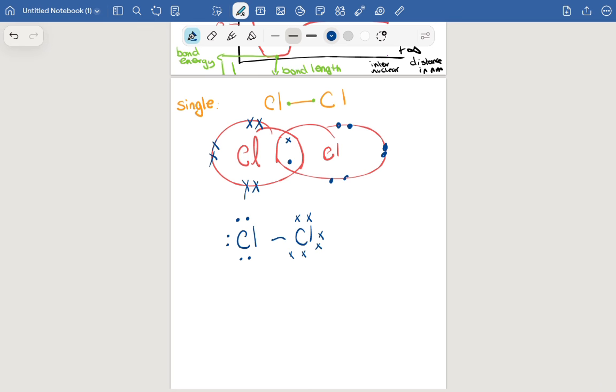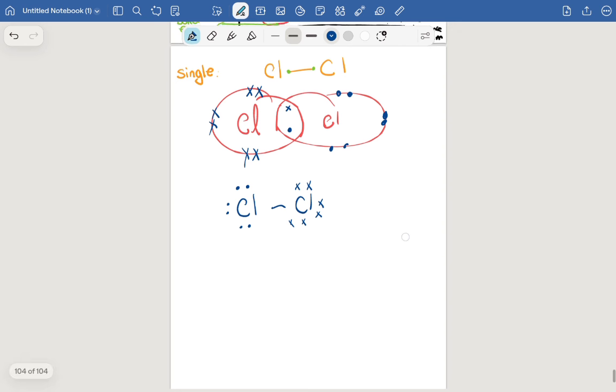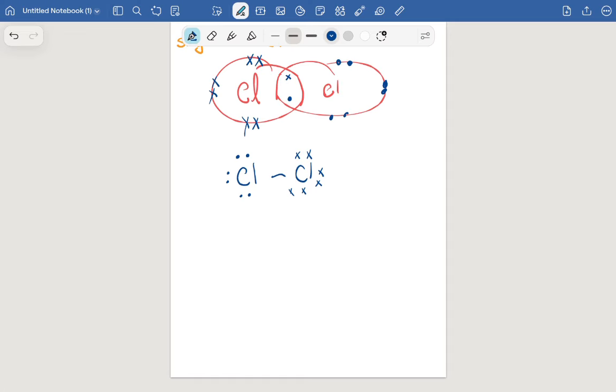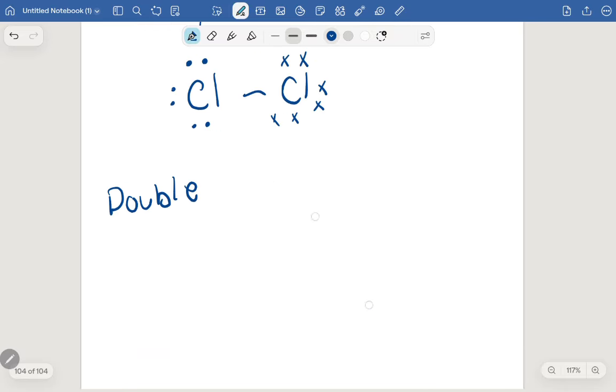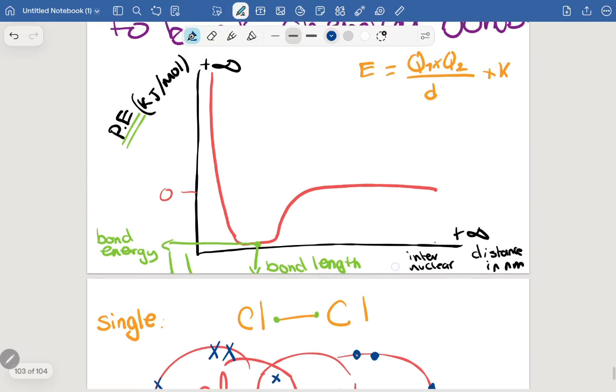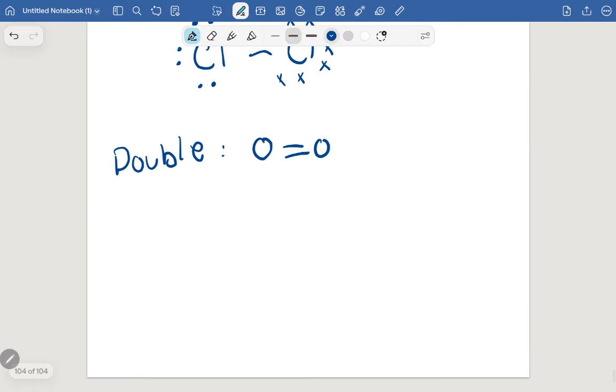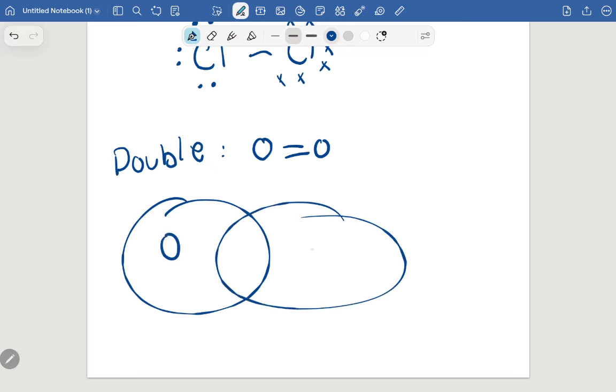Let us take a double bond example. Let us say O2, right? Double bond, we will take O2. So O double bond O. How do we represent this? First of all, we start with the intersection. O here and O here. This is a bit confusing, but pay attention. How many valence electrons does oxygen have?